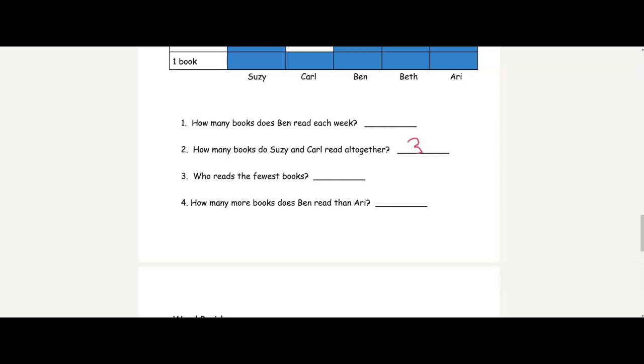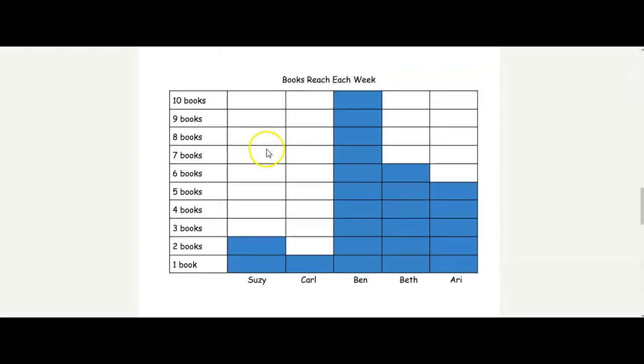Let's put 3 here. And then it asks, who reads the fewest books? So if we scroll back up here, we can see Susie reads 2 books, Carl reads 1 book. So let's mark that since that's the least amount we've seen so far. 1. And then Ben reads 10 books, which definitely isn't the least.